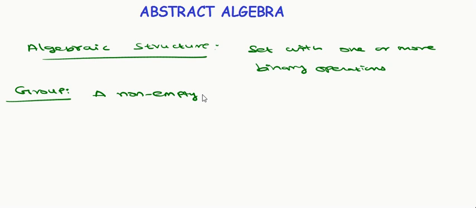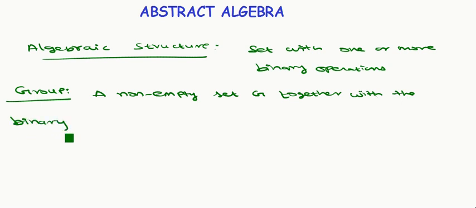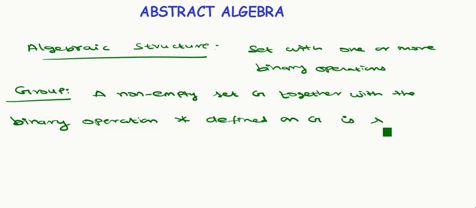Therefore, we consider a non-empty set G together with the binary operation star defined on G is said to be a group.